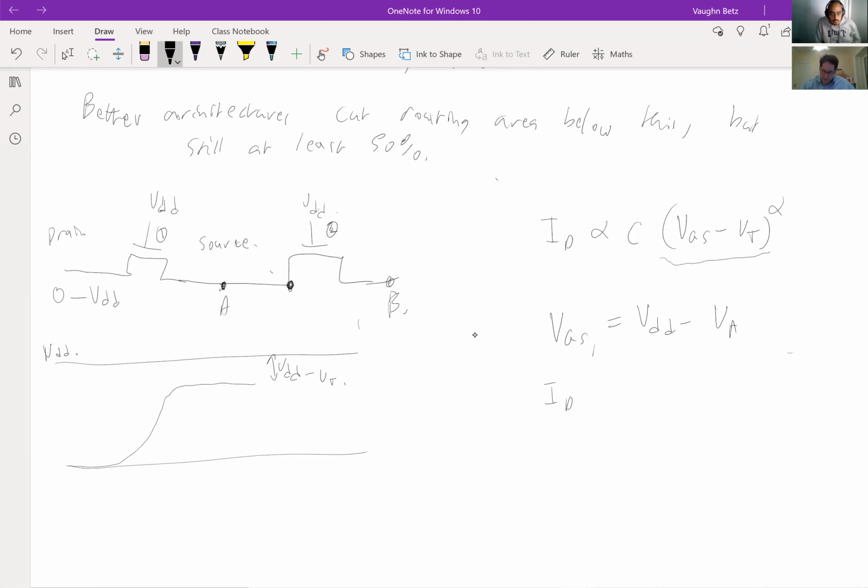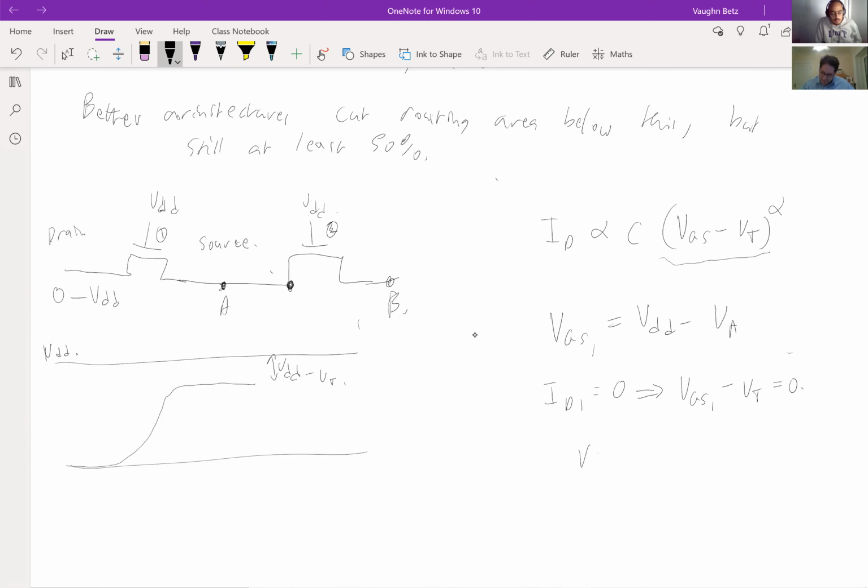The current of transistor 1 goes to 0 when VGS1 minus VT equals 0.